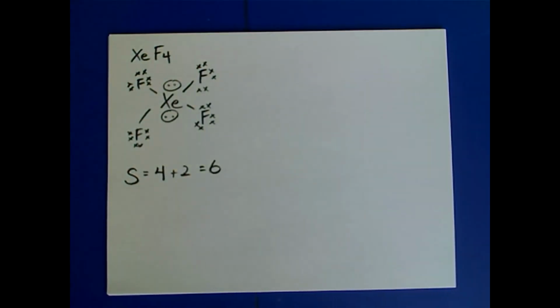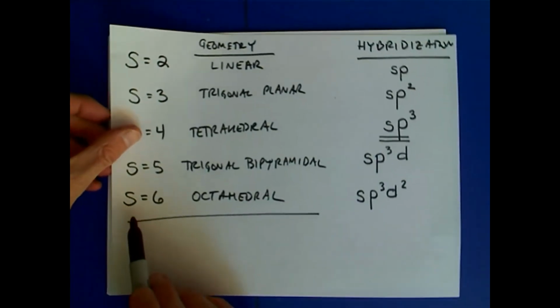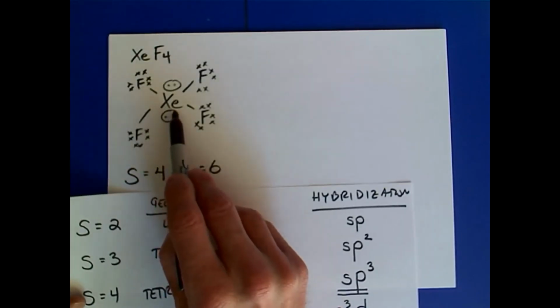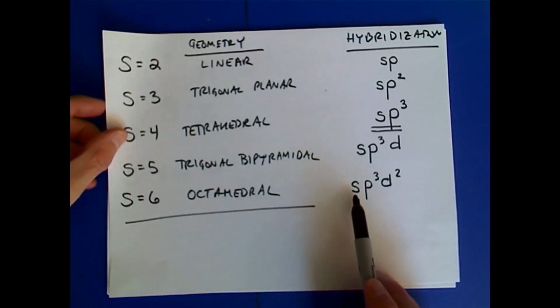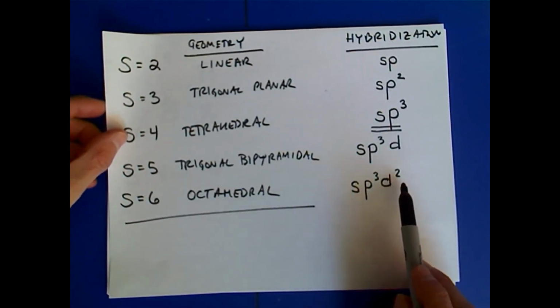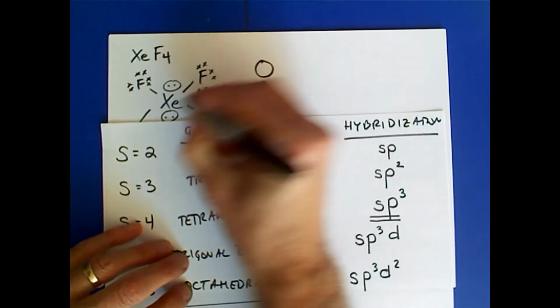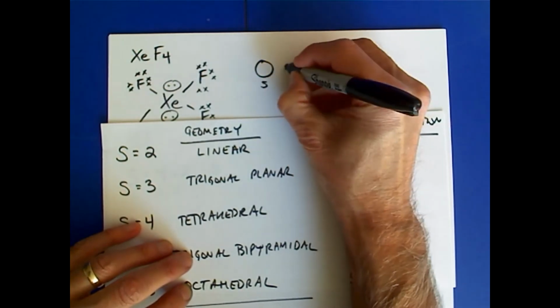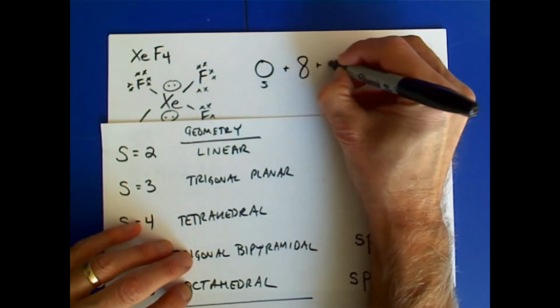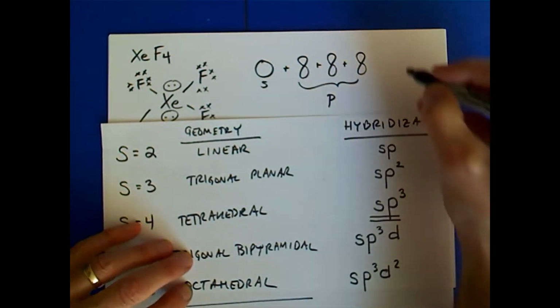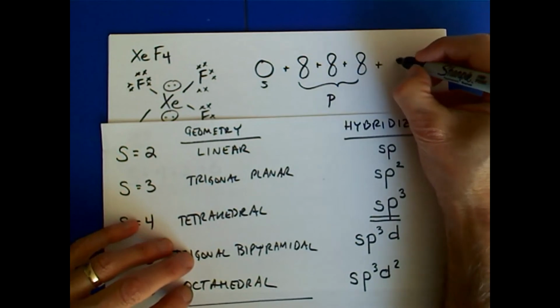In this case, if we look at something with a steric number 6, it's going to have an octahedral electronic geometry surrounding the central xenon. And the hybridization is going to be sp3d2, which means we're going to have to hybridize an s orbital on the central xenon, 3 p orbitals, and we're also going to have to mix in 2 of the d orbitals.